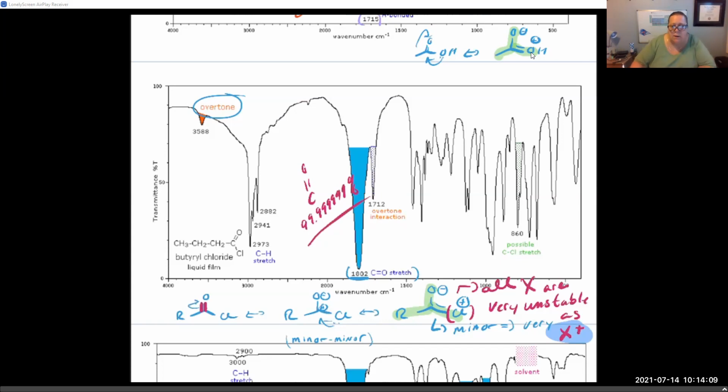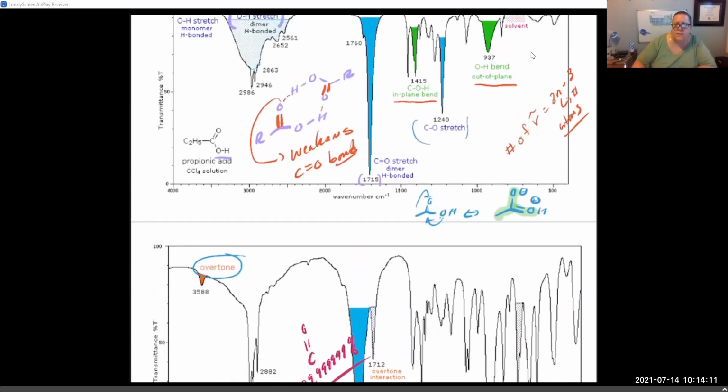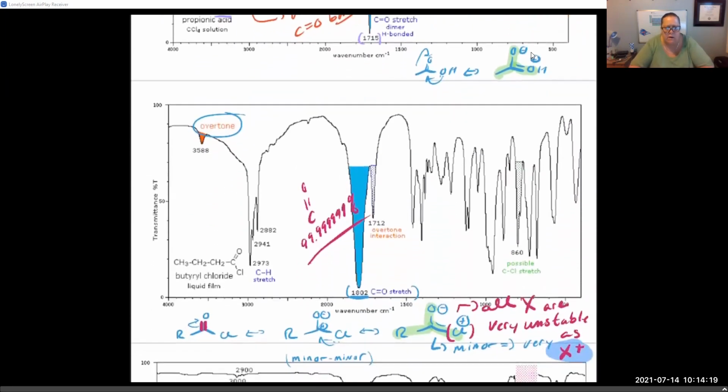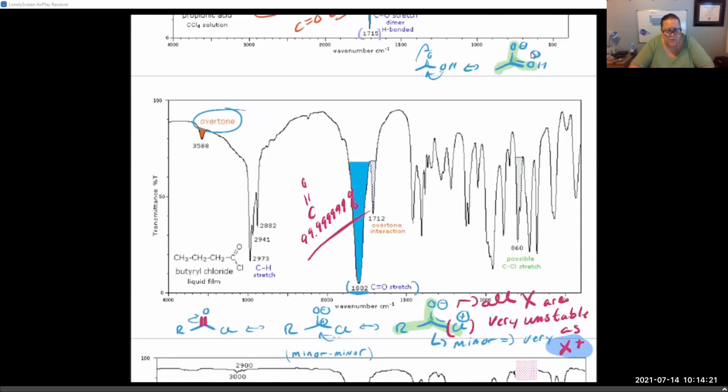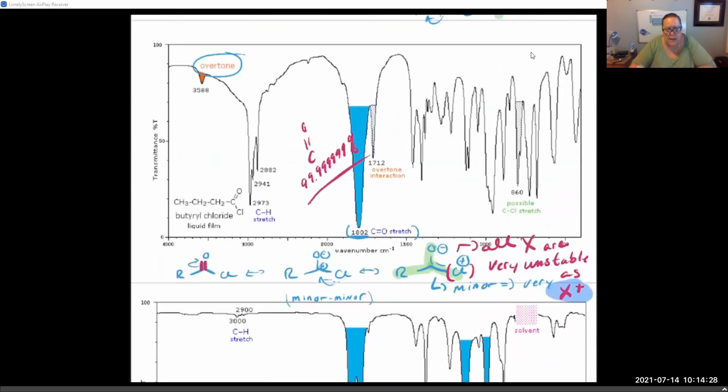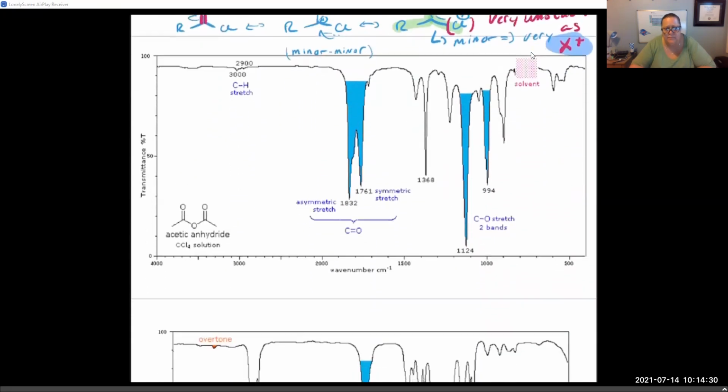And as a result, this K value for the bond strength, as an average for an acid chloride, is a little higher. Double bonds are stronger than single bonds, we know that. And so that's why acid chlorides look like this.